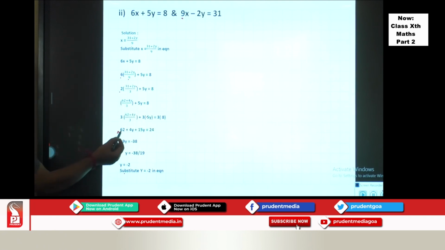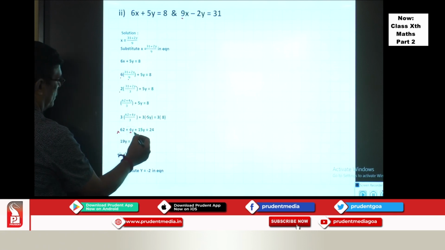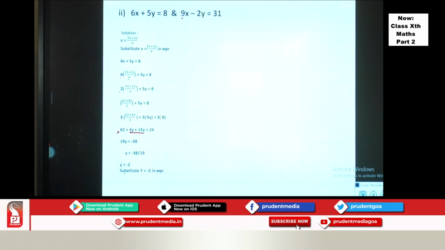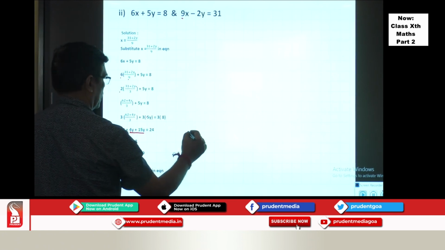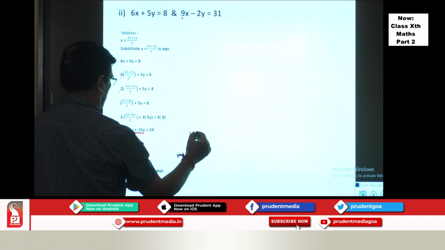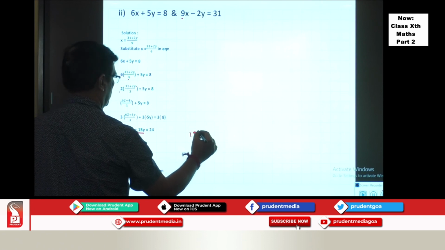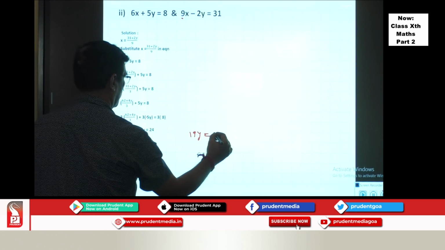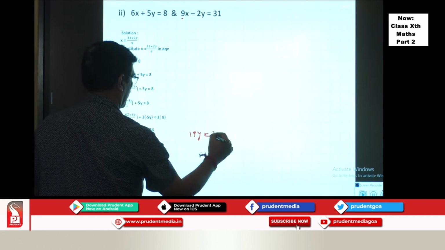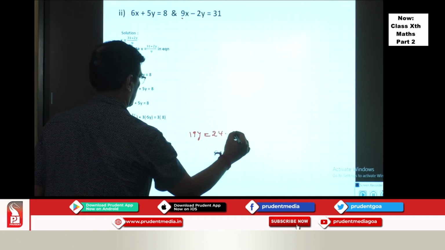Now 4y and 15y are the variable terms. I am adding them. So 15y plus 4y is 19y. I am shifting this 62 on the right hand side. So once I shift, what do I get? So what I am getting here, it is 19y is equal to 24 minus 62.